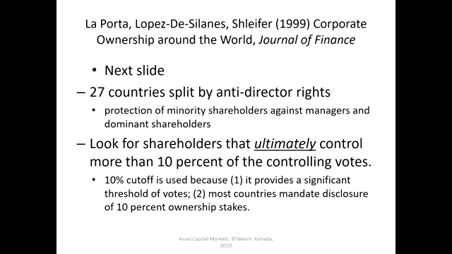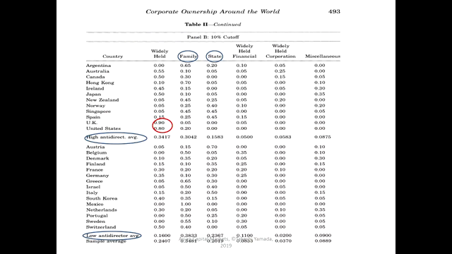That's why they put this 10% threshold. And so therefore, you can see that other than US and UK, either family or the state are the largest controlling shareholders, okay?